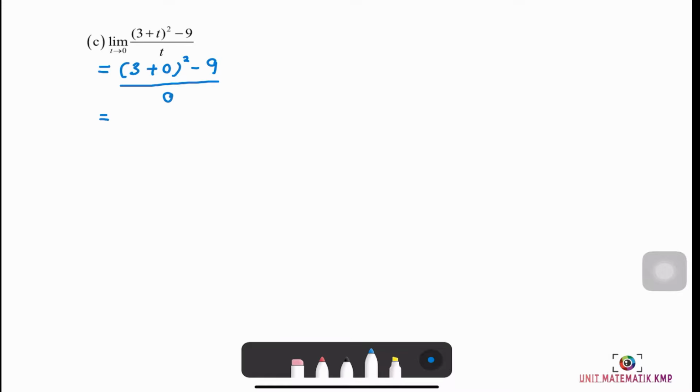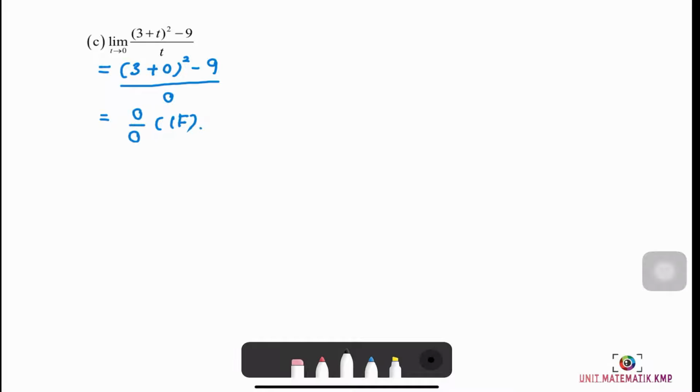So we will have 0 over 0. Again, this is indeterminate form. So we need to modify this one. How do we modify? First, we expand the numerator.